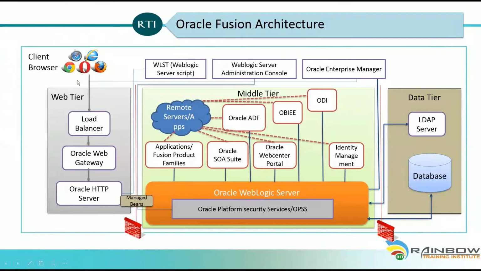The user logs in to a web browser, and typically when the person logs in, based on the request, the web tier will take that request, what page you are trying to access. If more people are trying to access, we have a load balancer, which will make sure the load is properly balanced across all the customer requests or all the users.